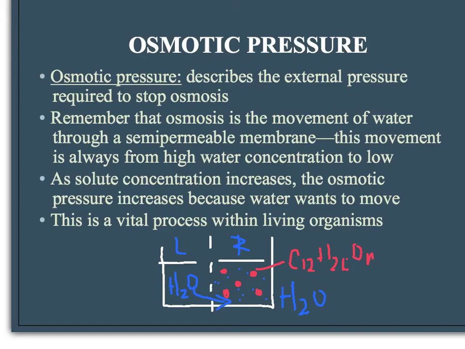This is a natural equilibrium-based process where we want to have equal concentrations of water on both sides. The more solute you add to a solution, so let's say we dumped in additional sugar over here on the right, the osmotic pressure is going to increase even more. You would have to do significantly more work externally in order to prevent water from moving into this solution.